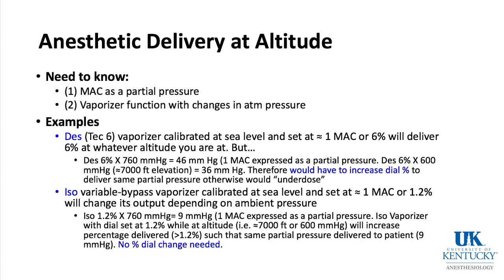Next keyword is anesthetic delivery at altitude. To understand this, you need to know MAC as a partial pressure and the way that the vaporizers function with changes in atmospheric pressure. So let's use 2 examples. The desflurane vaporizer, or the Tech 6 vaporizer, calibrated at sea level and set at 1 MAC, or approximately 6%, will deliver 6% whether you're at sea level or up at a higher elevation.